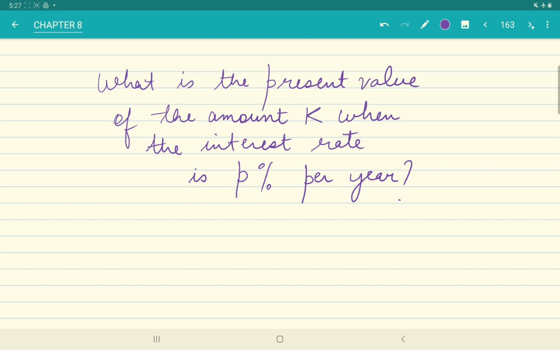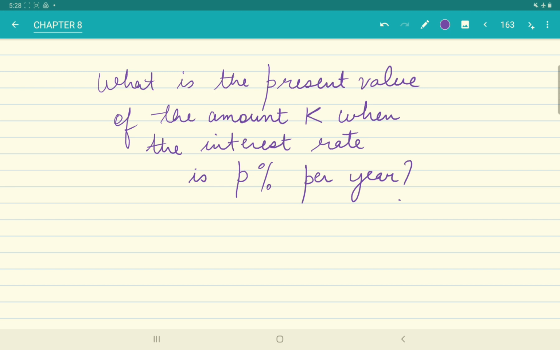That just means how much do we have to deposit today so that we get an amount K after T years, given the fact that our deposit earns the interest of P% per year.